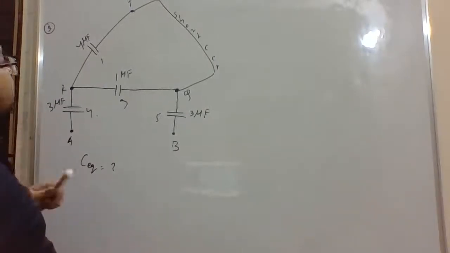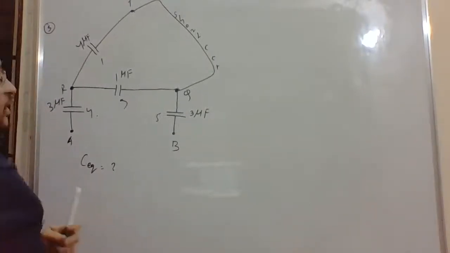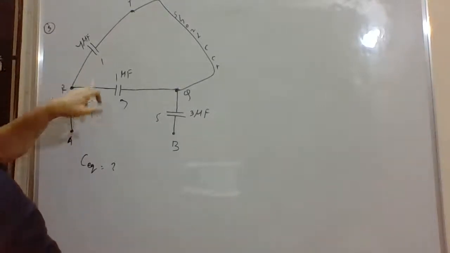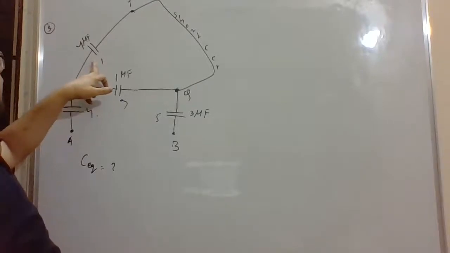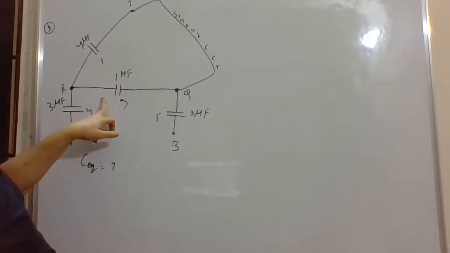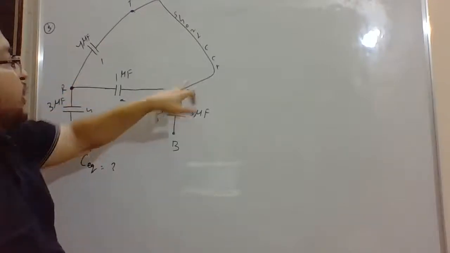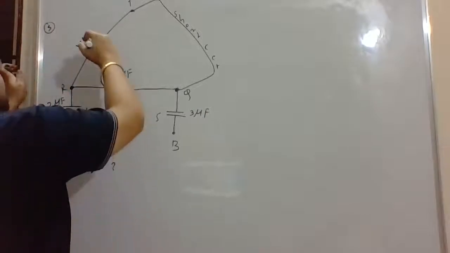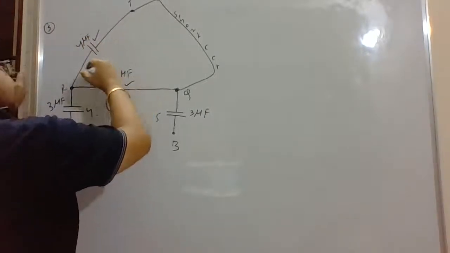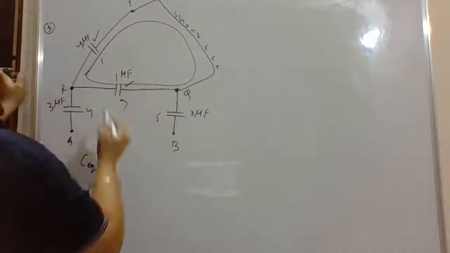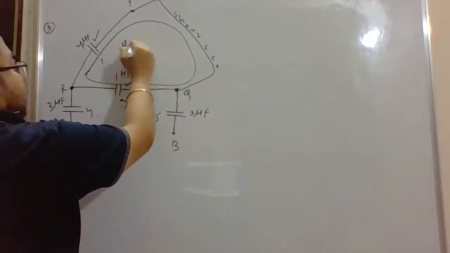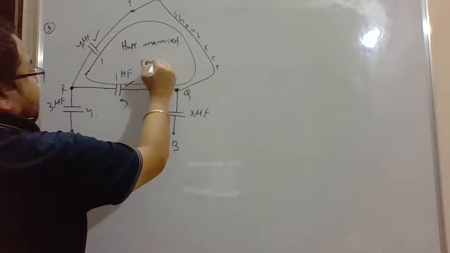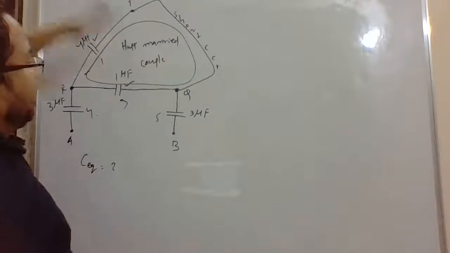Now once you remove this capacitor, the problem becomes slightly different. Between your 4 microfarad capacitor and 1 microfarad capacitor, they are now in parallel, because going with the second rule that we have established, taking two and only two capacitors, if you can complete a loop, then they are a happy married couple, and we say that they are in parallel.